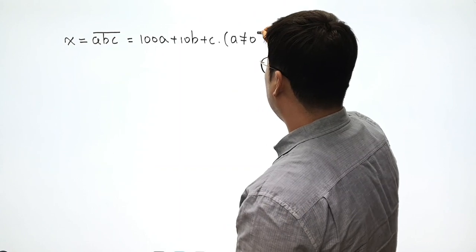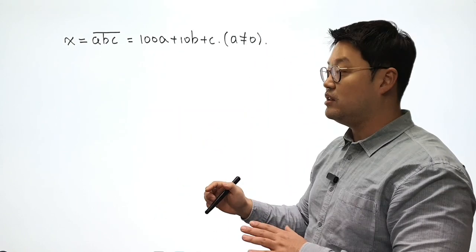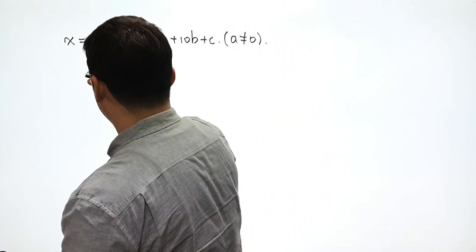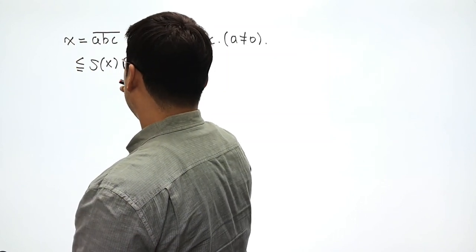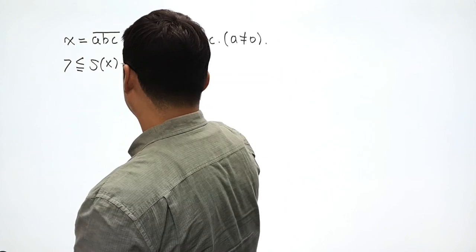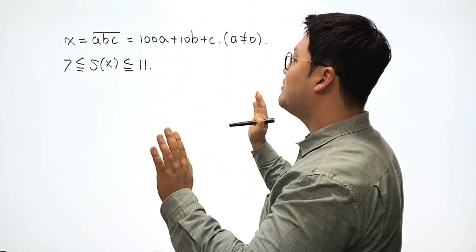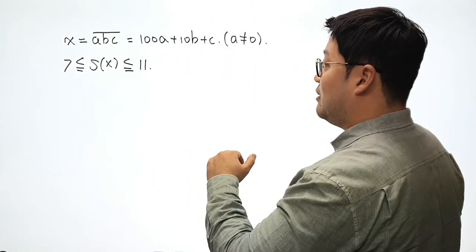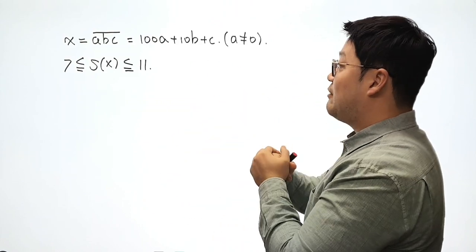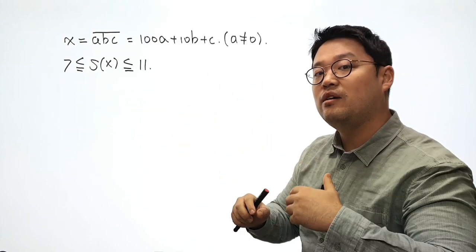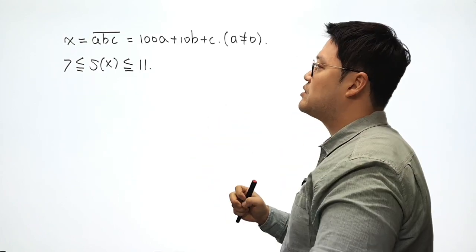At the same time, the sum of the digits has to be between 7 and 11. We want to find the number of X's, and after finding all those X's, we have to figure out the rightmost 2 digits of the number of X's.